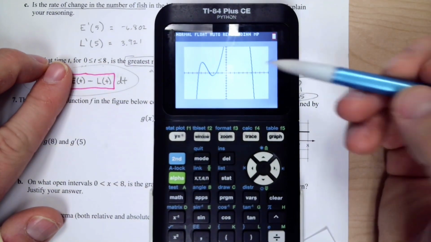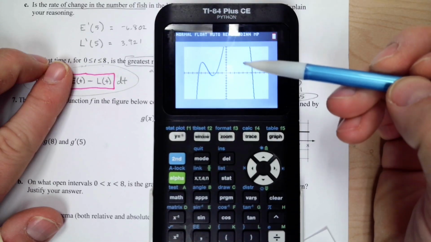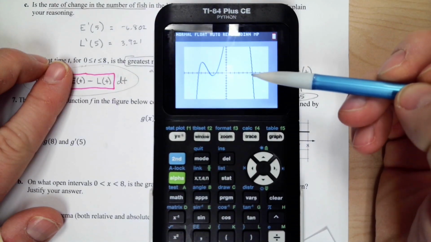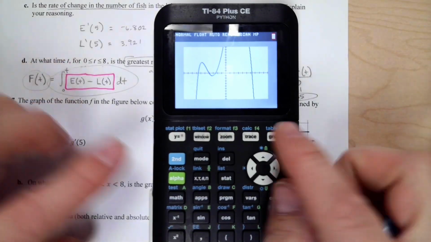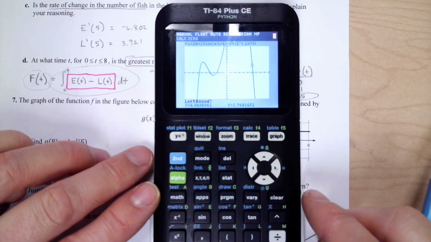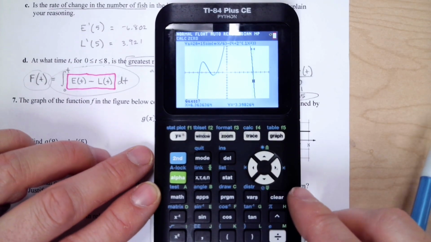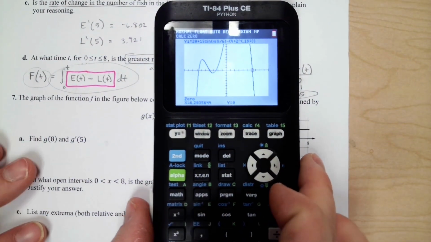So remember, I'm looking at the derivative graph. So if this is positive, that means we're increasing, and then all of a sudden right here around 6, I turn into decrease. So if I go second calc 0 and put my blinker a little bit to the left, put a little bit to the right and solidify, you'll see that we have a critical value at 6.204.